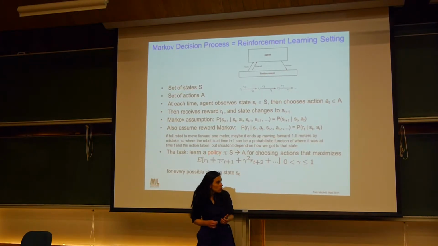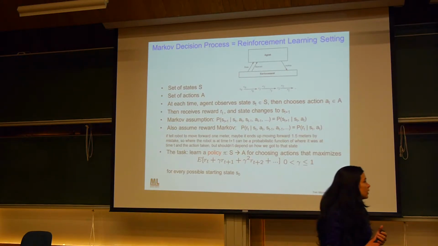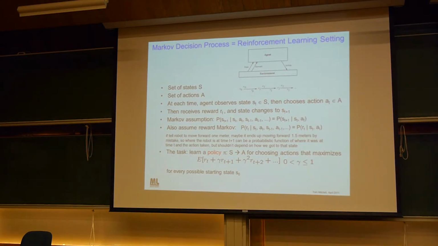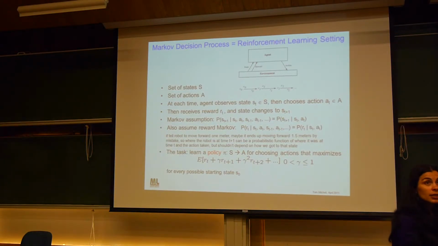Okay, and then our goal is to learn a policy that maximizes the expected discounted long-term reward, which is exactly the quantity that we're talking about. The goal of the agent is to learn a policy to maximize the expected discounted long-term reward, with the discount factor gamma given as input to the algorithm.